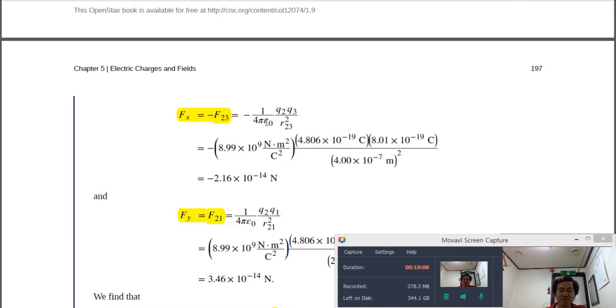So we substitute the numbers for epsilon 0, and we know the charges Q2 and Q3. So we calculate this with the distance, and then the x component is minus 2.16 times 10 to the minus 40 Newton.